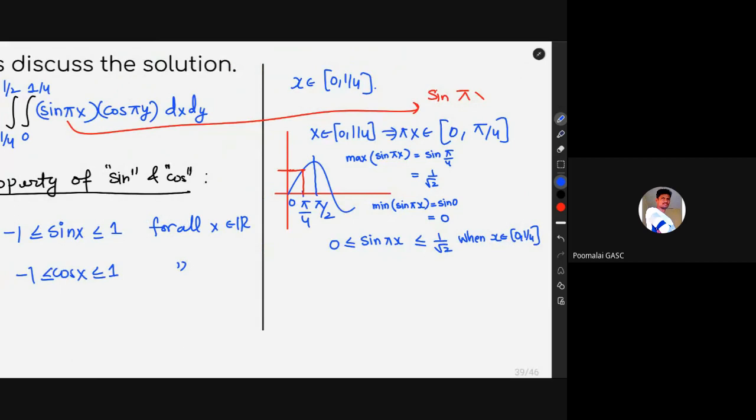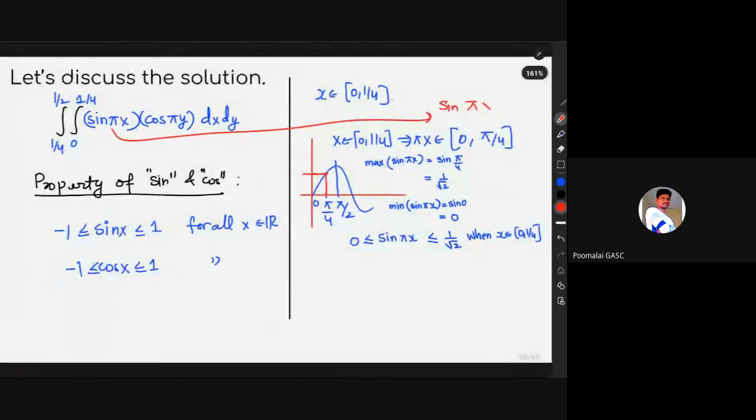Now similarly, I can work out the similar bounds for the cos function as well.